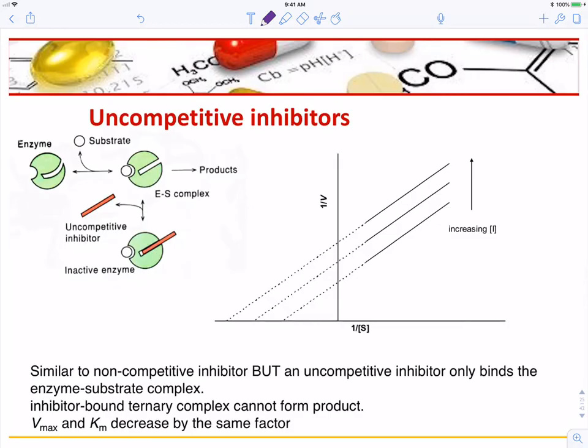Now, let's look at the so-called uncompetitive inhibitors. The effect of an uncompetitive inhibitor is on the Km of the substrate and on Vmax as well. So what happens here is that uncompetitive inhibitors bind the ES complex and inactivate the enzyme. So they bind after the substrate is already bound.